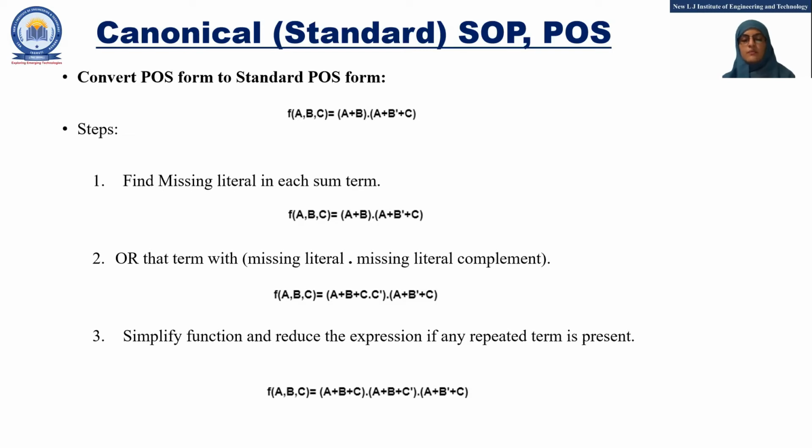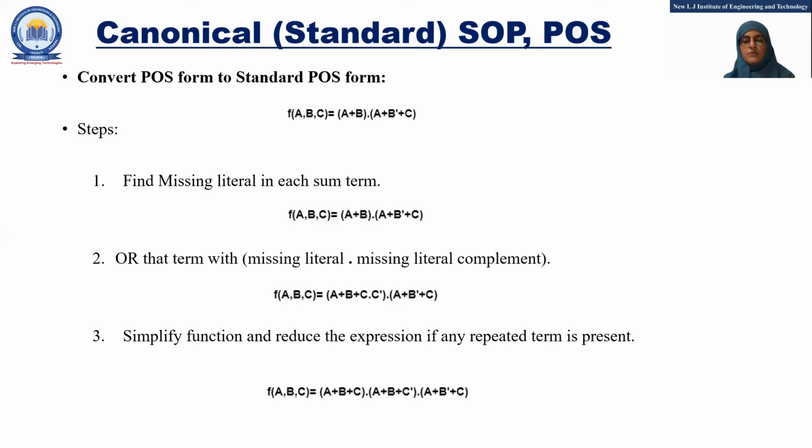So, in the term A plus B, the missing literal is C, and in the term A plus B prime plus C, all literals are present. So, the second step is to OR that term with missing literal dot missing literal's complement. So, it will be equal to A plus B plus C dot C prime dot A plus B prime plus C. Third step is to simplify the equation.